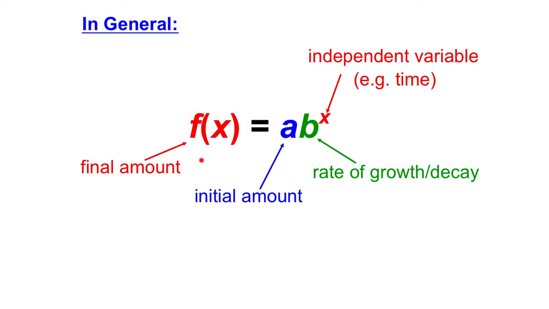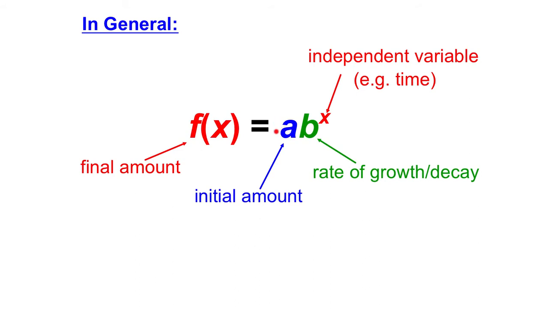F of x is just whatever the name of your function is. Now, you're going to name it after what your final amount's going to be. So in the warm-up, we talked about the compound interest formula. We had A equals. So A was the future value of the money, the final amount of money that's going to be in that account after a certain amount of time.